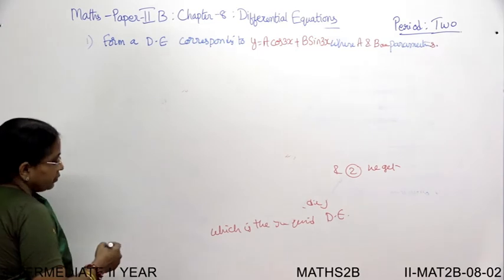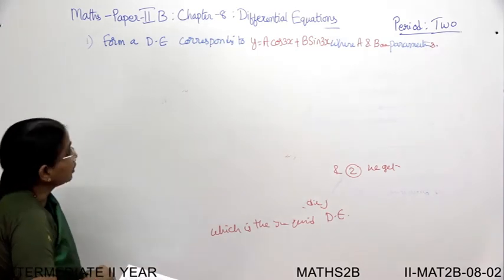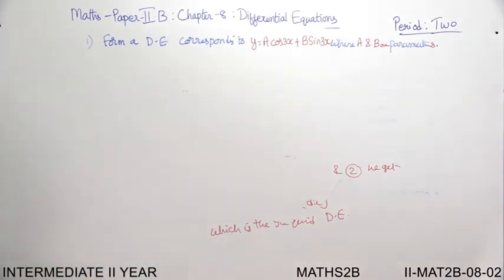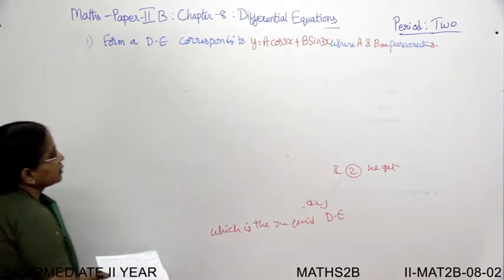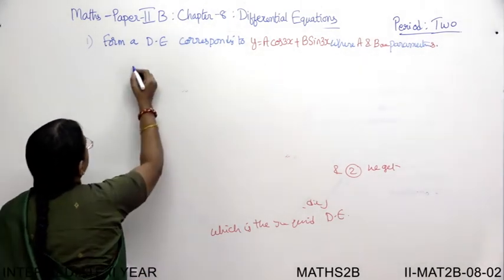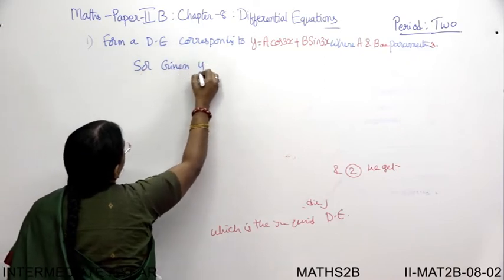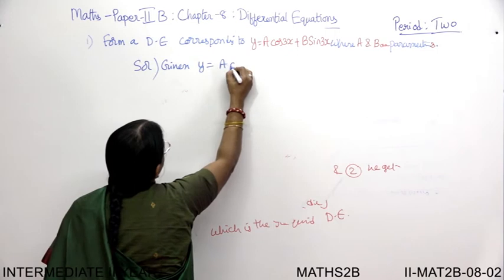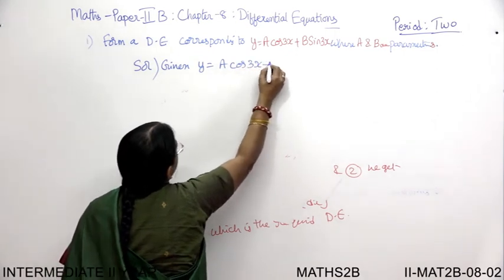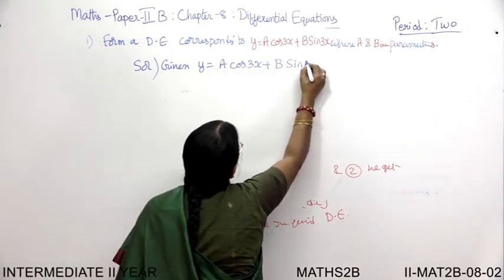So now what will you do? You take the solution, y is equal to a cos 3x plus b sin 3x. So in the solution you write, you are given y is equal to a cos 3x plus b sin 3x.